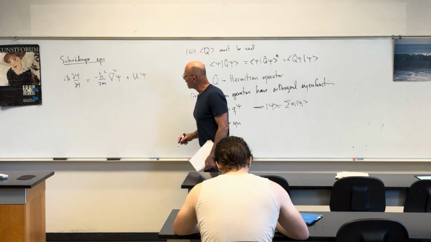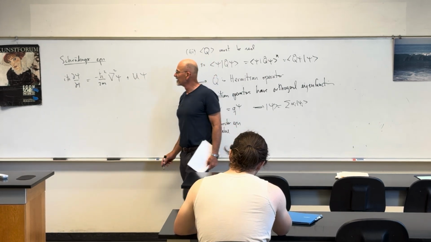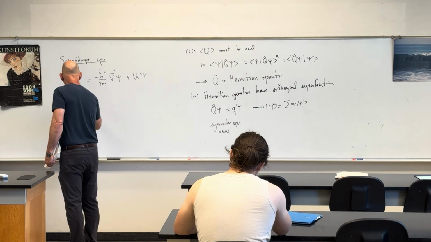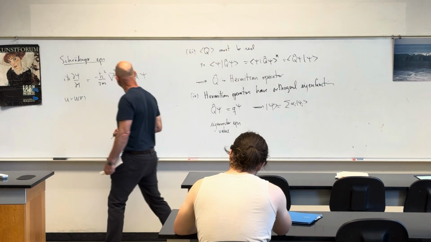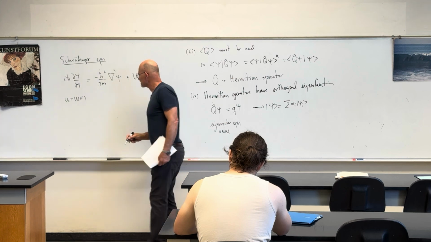And what is this for? This is for a particle in a potential, right? So U equals U of r, and del squared, you know what this is.